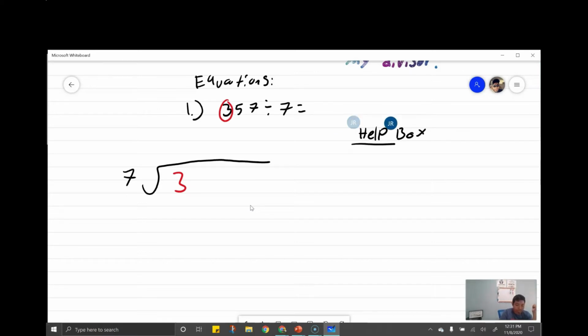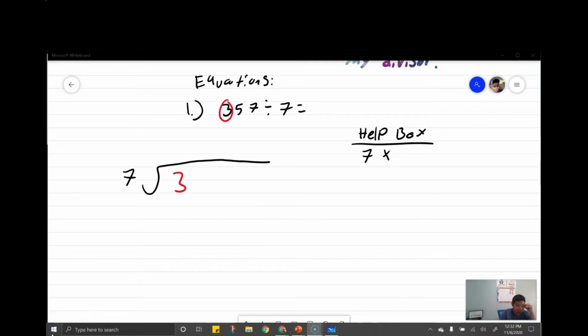Here's my help box, so that way I kind of know if I need to know my multiplications, okay? So basically what I'm asking you is, 7 times what is going to equal 3 or close to 3? This is where you need to know your multiplications.